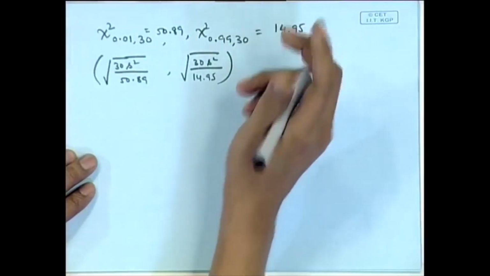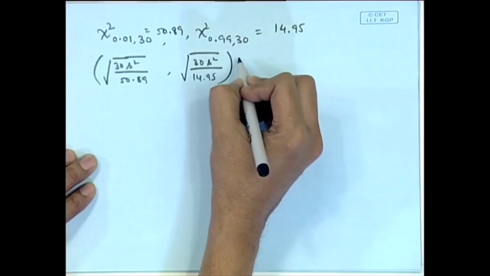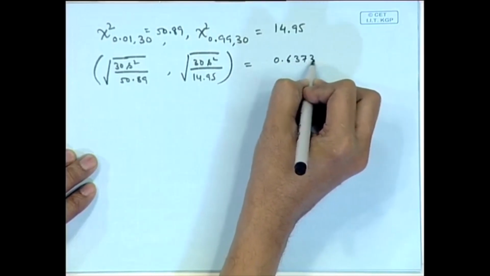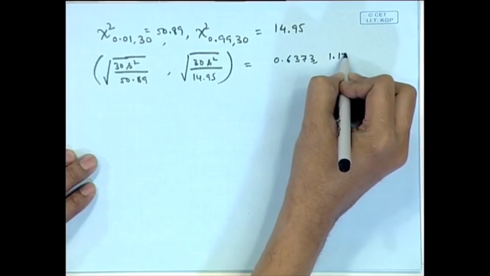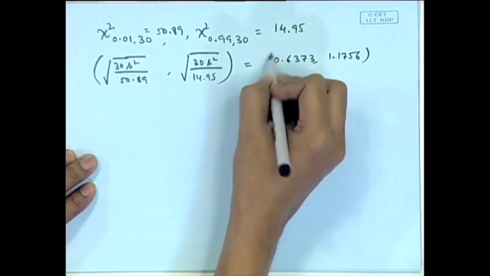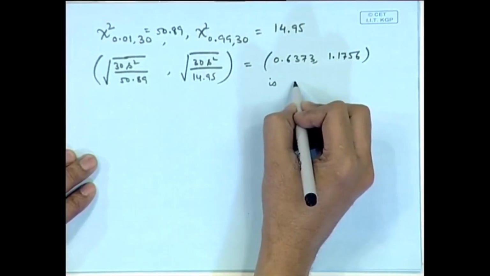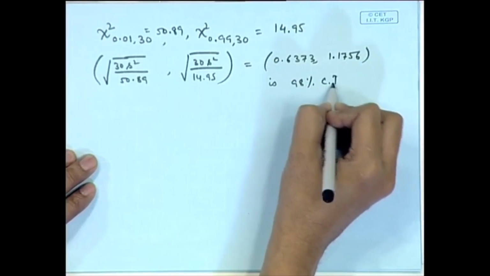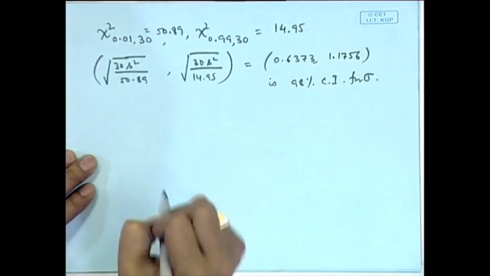So, if we substitute these values, we get the interval to be 0.6373 to 1.1756. So, this is a 98% confidence interval for sigma.